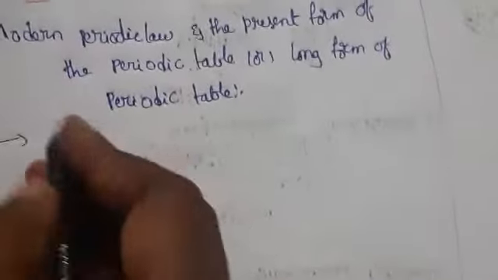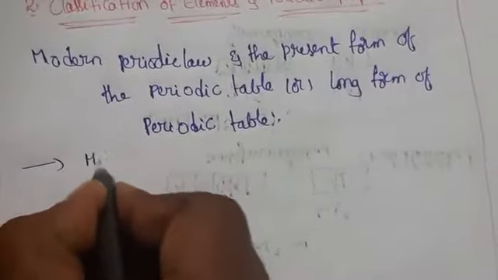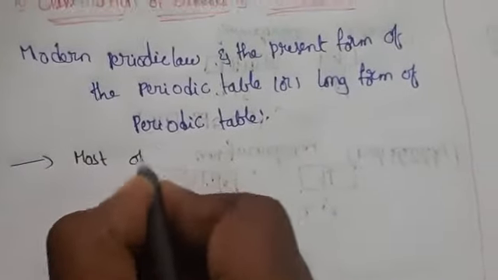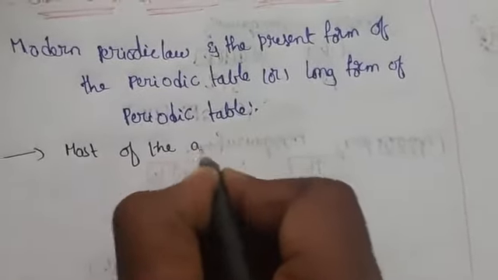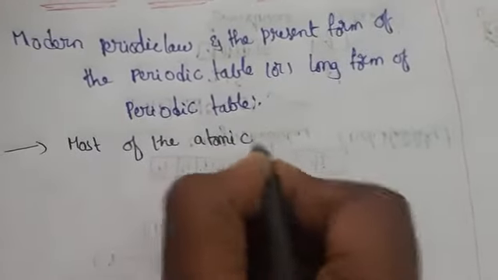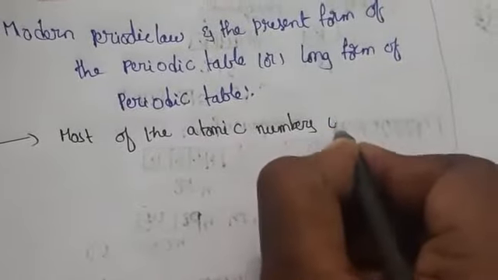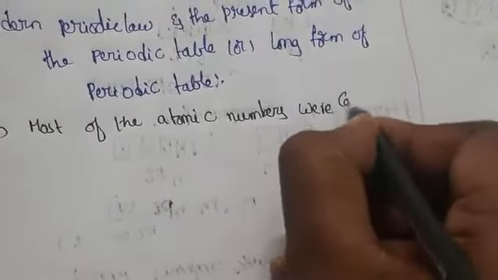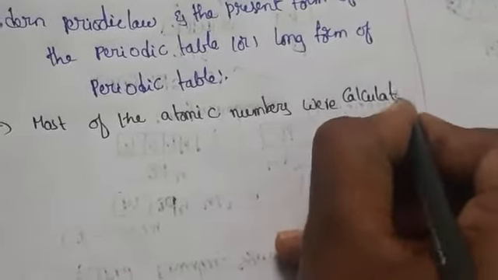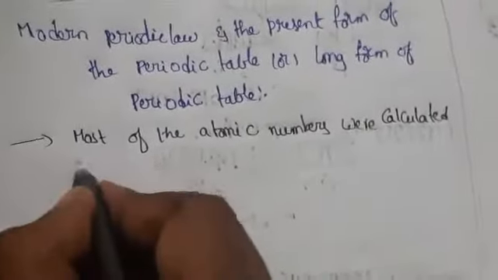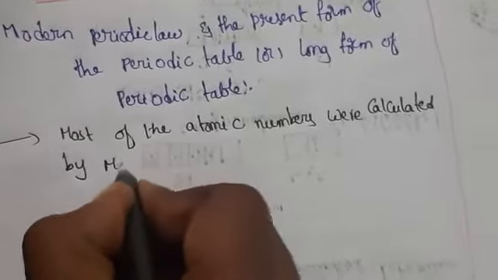So we can say most of the atomic numbers were calculated by Moseley, the scientist.